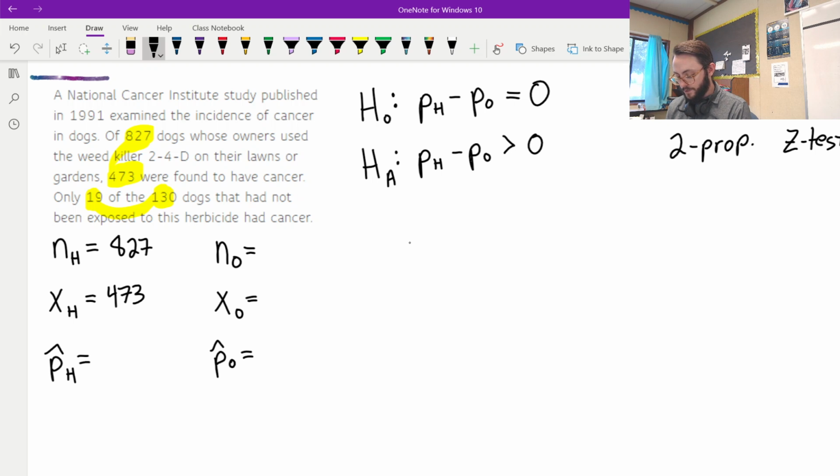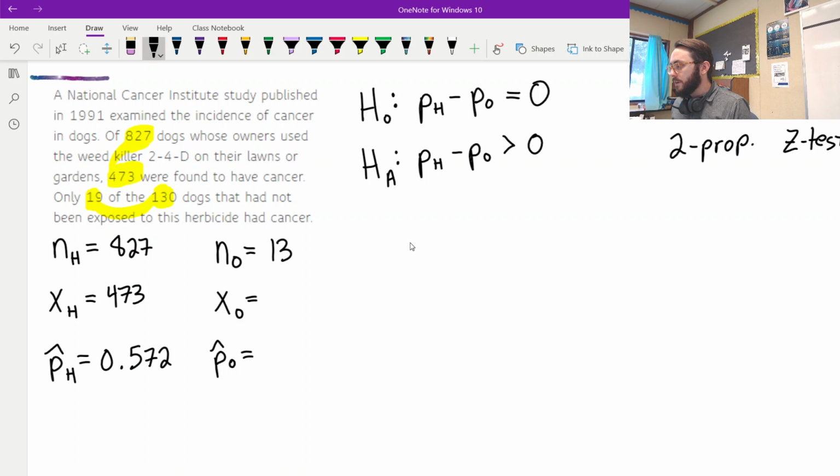So 473 divided by 827 is equal to 57.2% developed cancer. That's a lot.